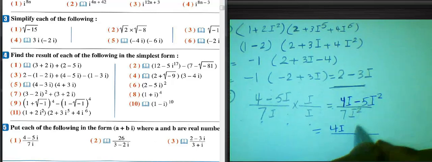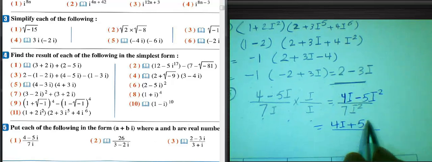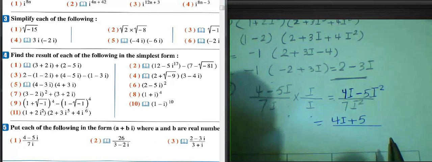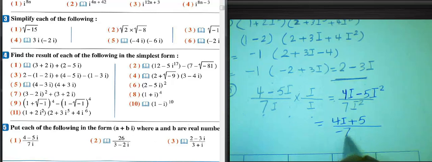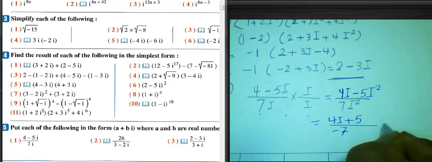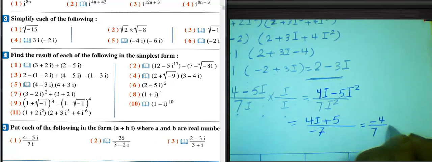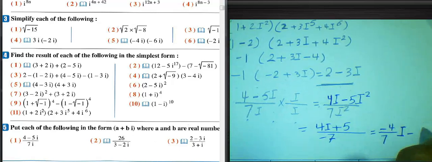Negative times negative equals positive, because i power 2 equals negative 1, over negative 7. Okay, the result will be negative 4 over 7 i, negative 5 over 7.